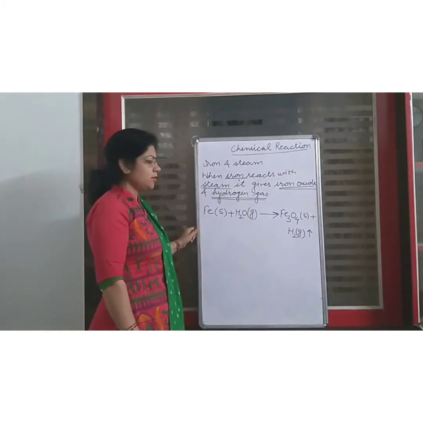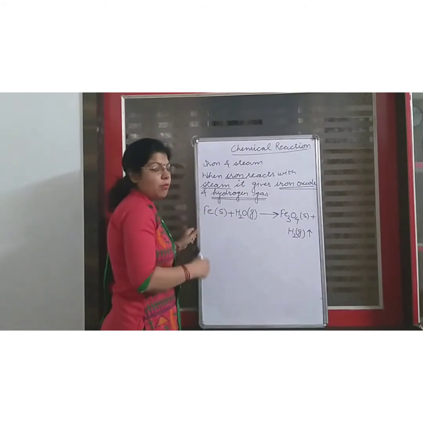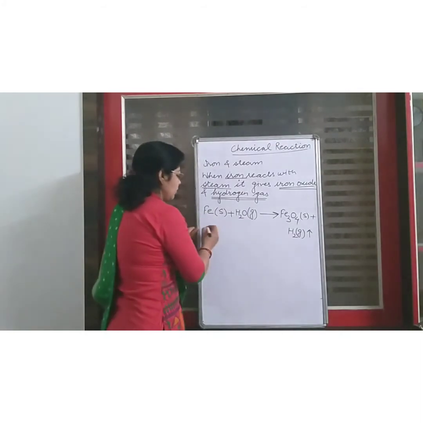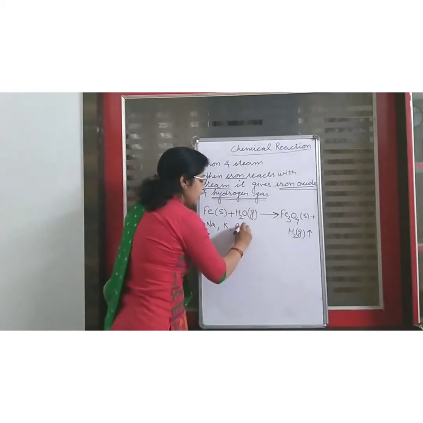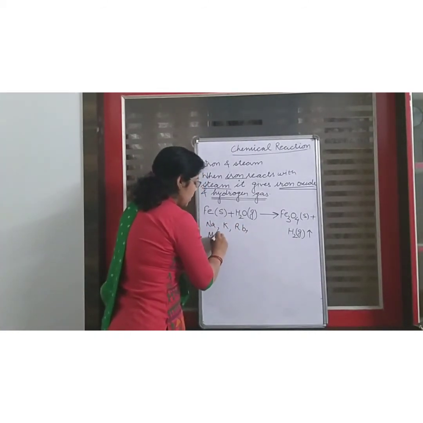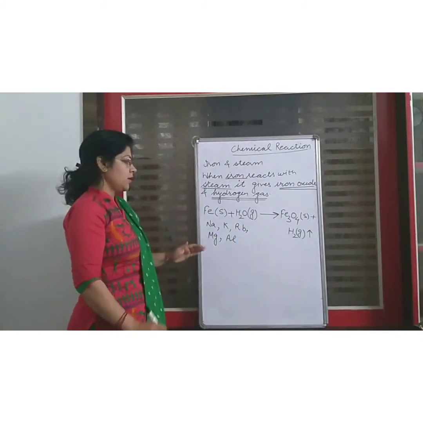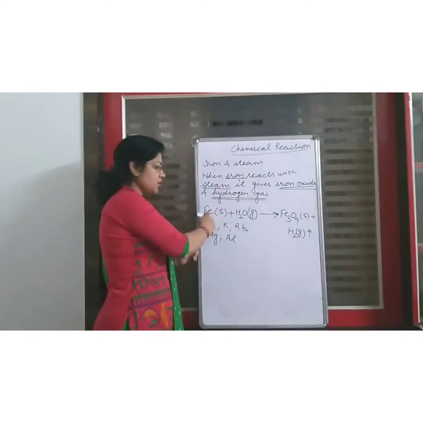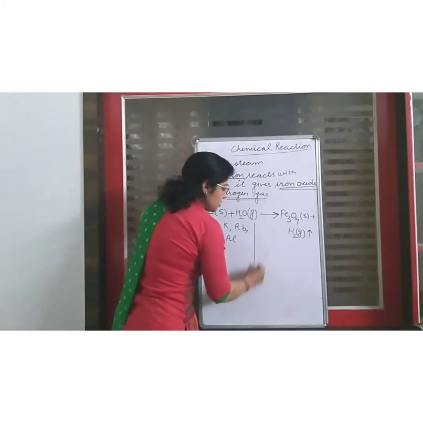Most of the elements in the periodic table exist in molecular form as such. For example, sodium, potassium, rubidium, magnesium, aluminium, etc. Most of the elements exist as such in their molecular state except hydrogen gas.